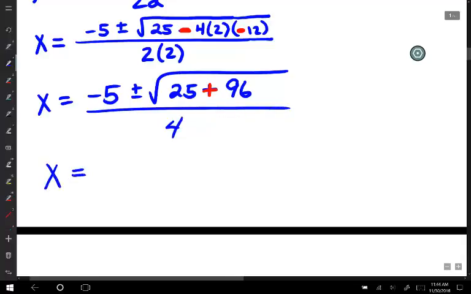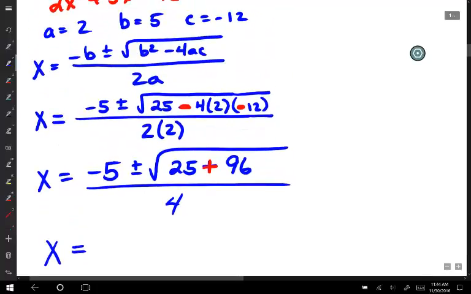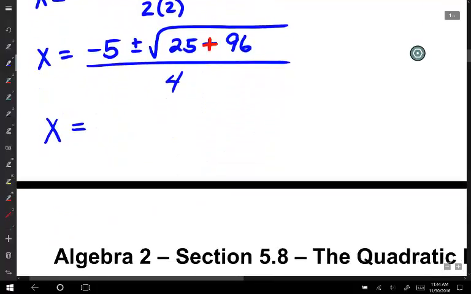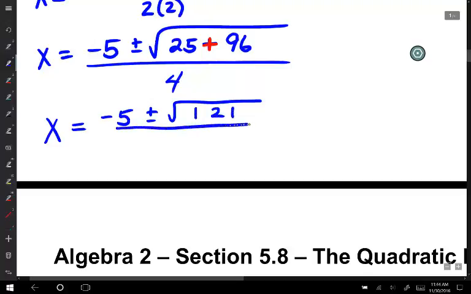All right, so next step. Did you already square the 5? Yep, at the very, very beginning. We squared it because the 5 was just right there, it's just 5 squared is 25. All right, so we have negative 5 plus or minus the square root. Let's see, 25 and 96 is 121, all over 4.